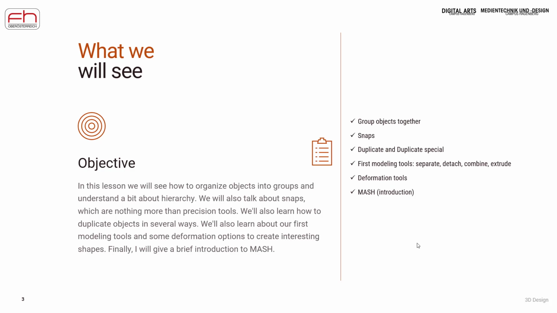So one way to solve this kind of thing is if you want custom shapes, you can have the custom shapes. You just have to use extrude to create a little bit of thickness. So this is a very cool tool to not only create new geometry, but also create thickness on very thin objects. I talk about separate, detach, and combine.